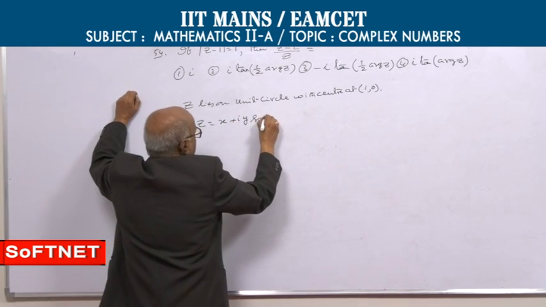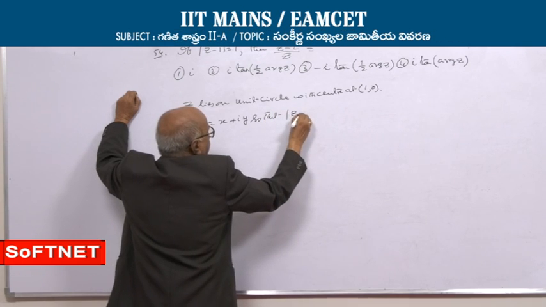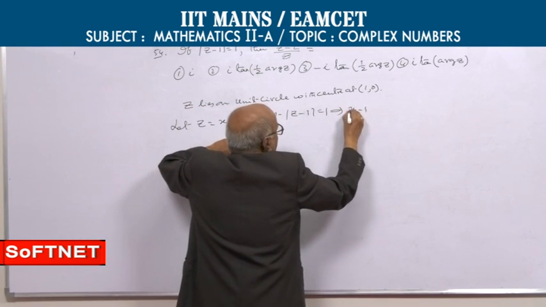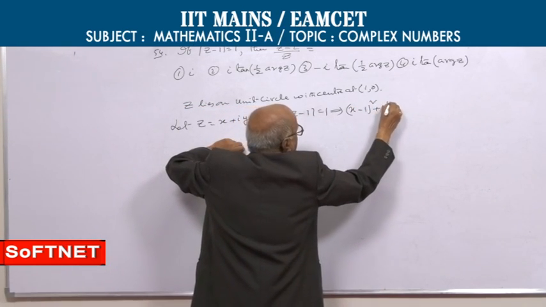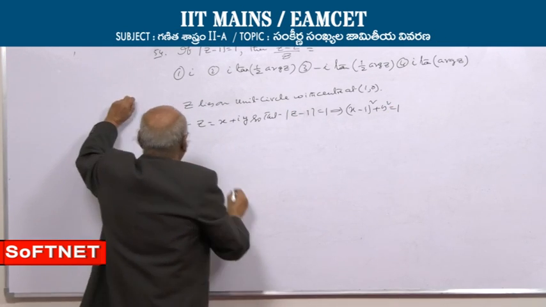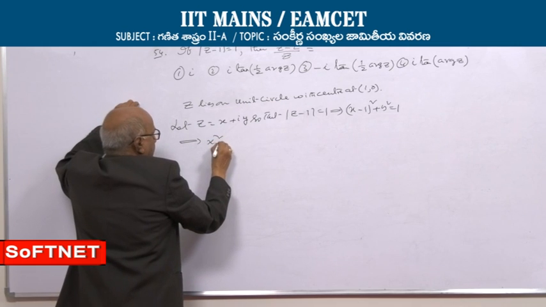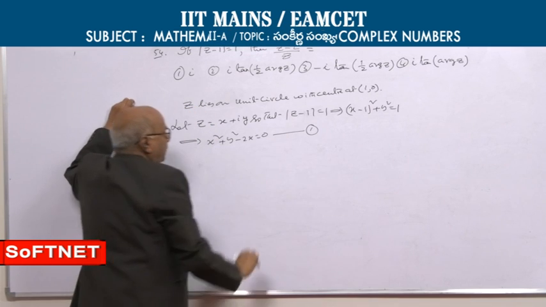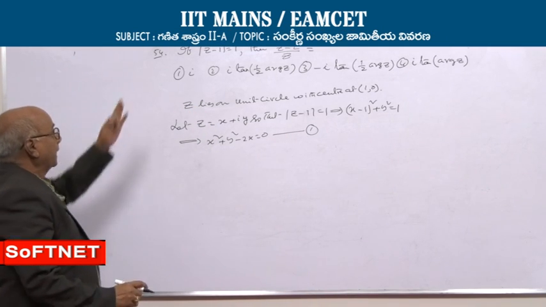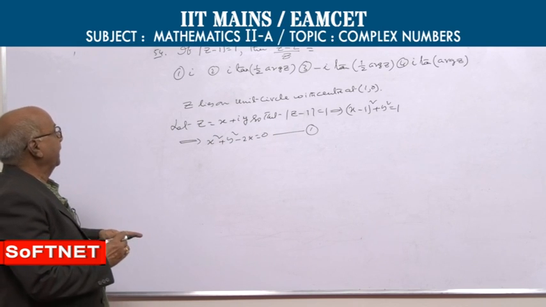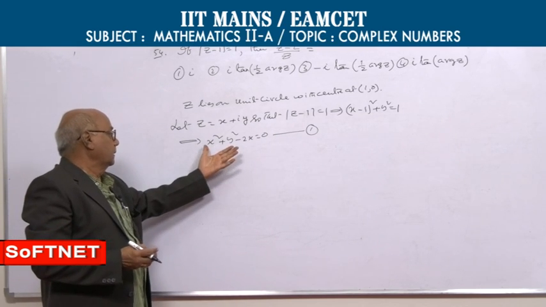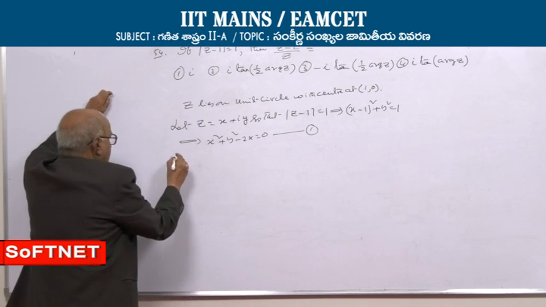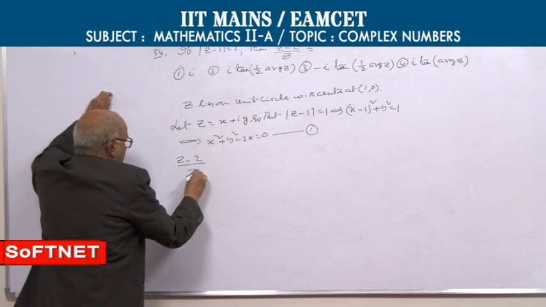So that mod Z minus 1 is equal to 1 implies (x minus 1) whole square plus y square is equal to 1. So that implies x square plus y square minus 2x is equal to 0. Give a reference number 1. So that is the hypothesis you are given. If Z is x plus iy, then x and y satisfy the relation x square plus y square minus 2x equal to 0.